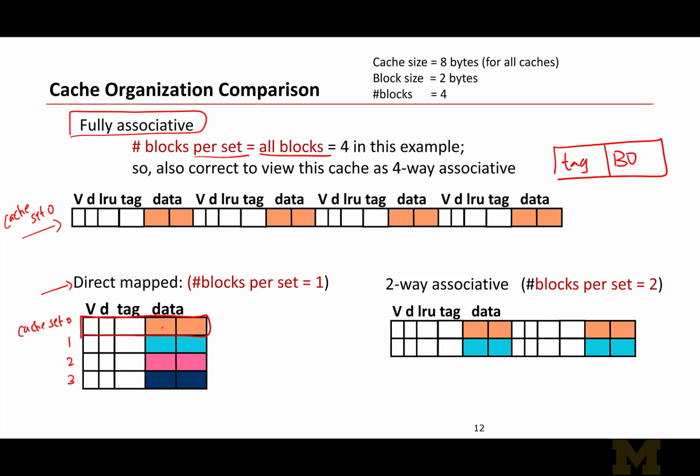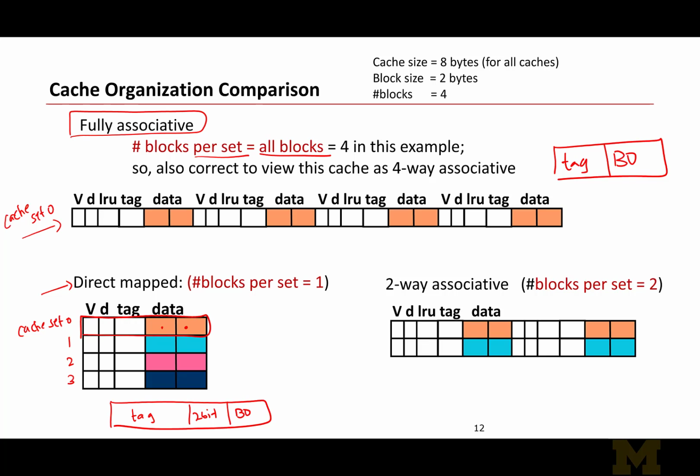And these two are 2 bytes that are part of the same cache block. So I have 4 cache sets, which means that my address will have the block offset, and it should have 2 bits to select my cache set, and the remaining would be my tag.